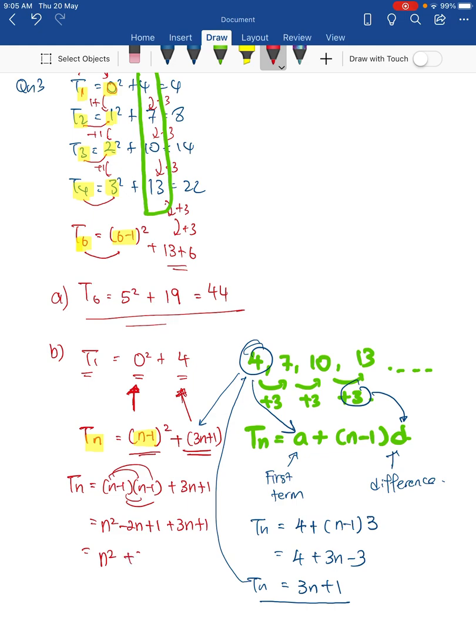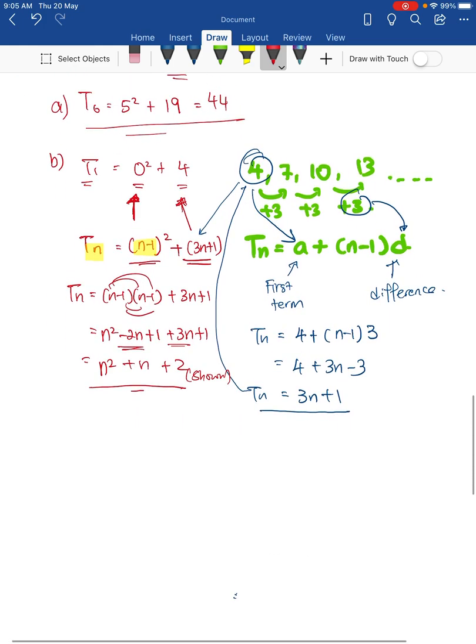Oh wait, I made a mistake. Let me see. Yes, there's a mistake here. Because it's minus 2n plus 3n, that will give us just n. So the answer is n squared plus n plus 2, and therefore we show. So that is for part B.